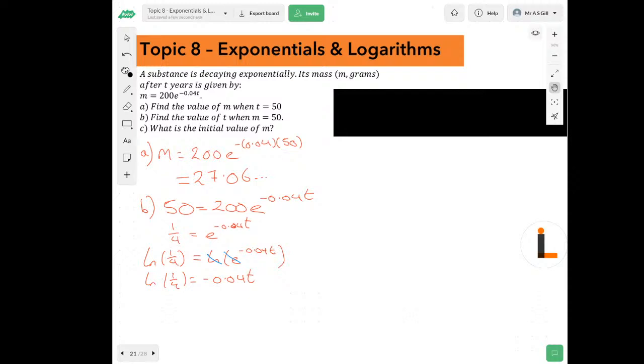Then we rearrange and say, therefore, t is equal to ln of 1/4 divided by negative 0.04, which gives us 34.65..., again needing to round to an appropriate value.